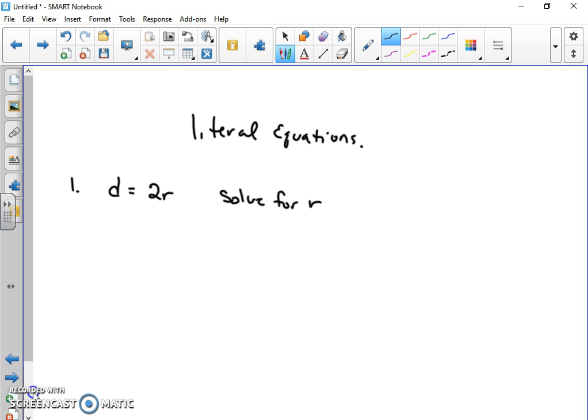So we find r is right here, and we want to get r by itself. Notice it's 2 times r. You're going to undo that by dividing by 2. Then we have on this side d over 2 equals, these cancel because any number over itself equals 1, and there, r is all by itself.